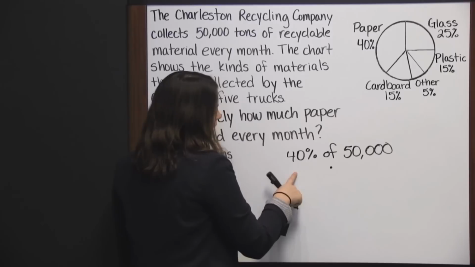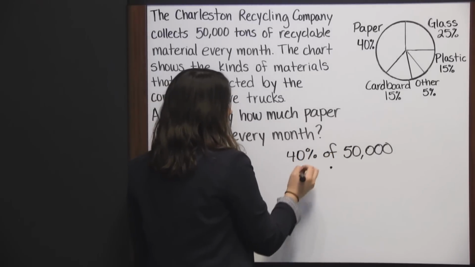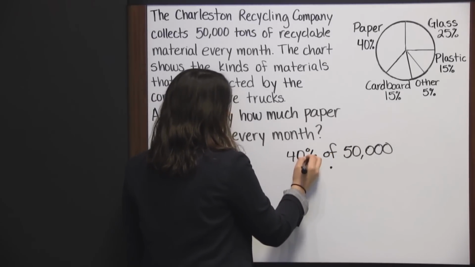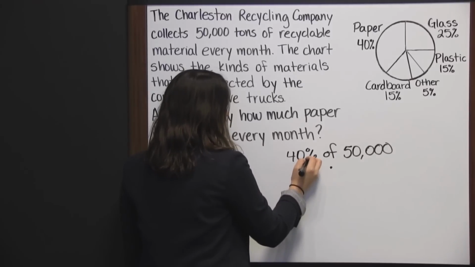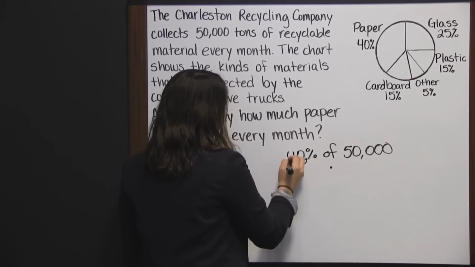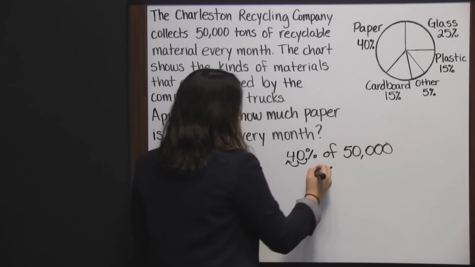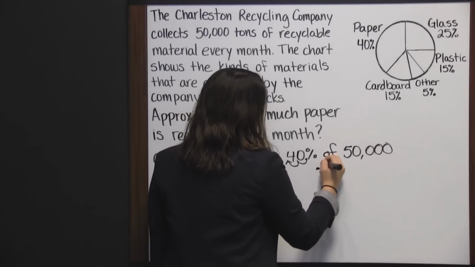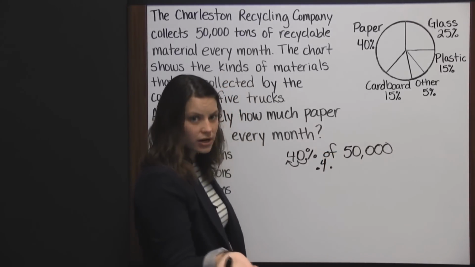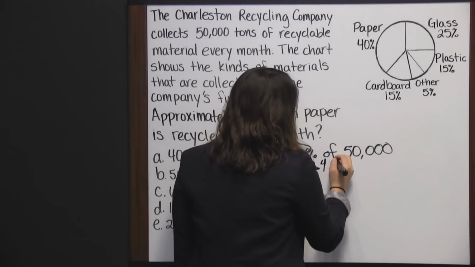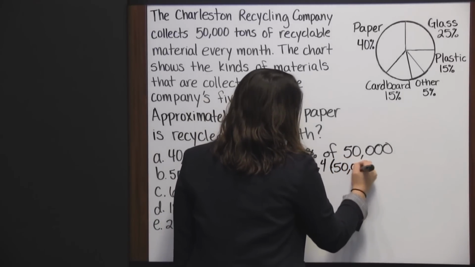And I'm going to multiply 40% and 50,000, which means I need to change 40% to a decimal. So move the decimal 2 places to the left. So I'm actually multiplying 4/10 or 40/100ths, it's the same thing, times 50,000.